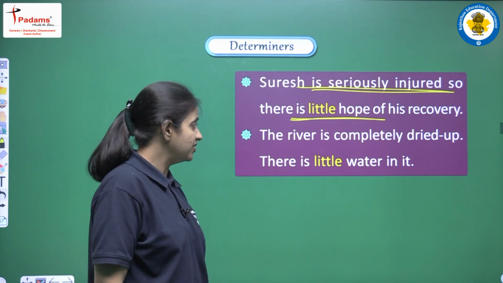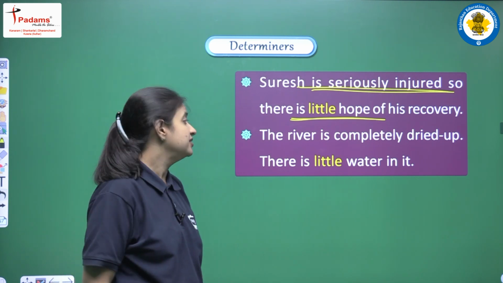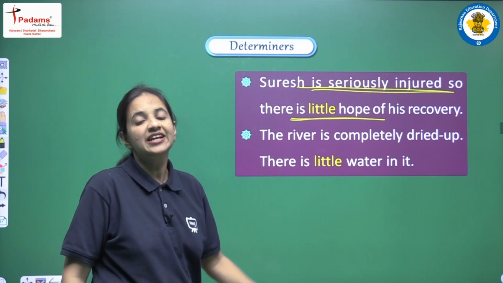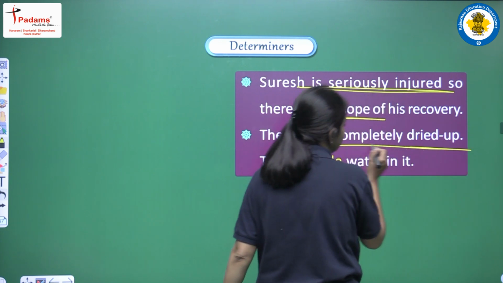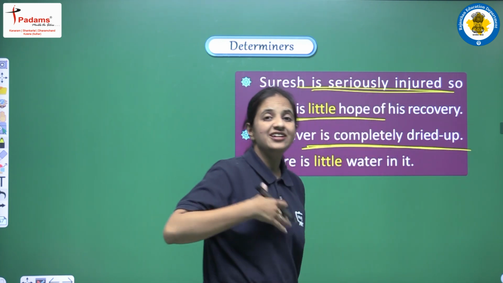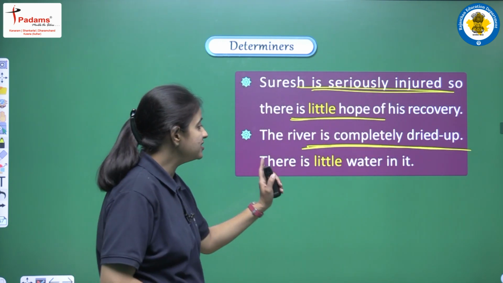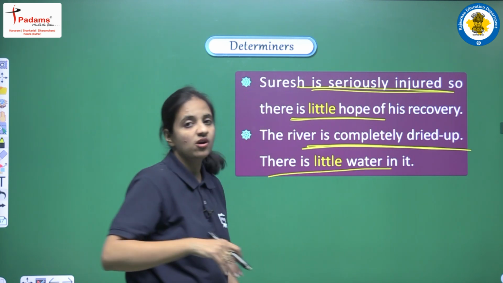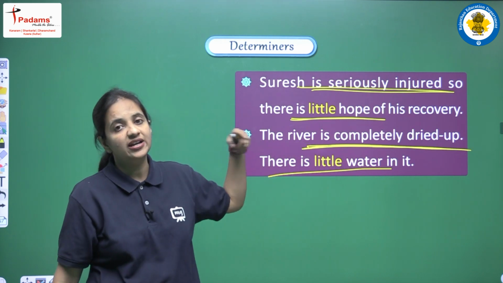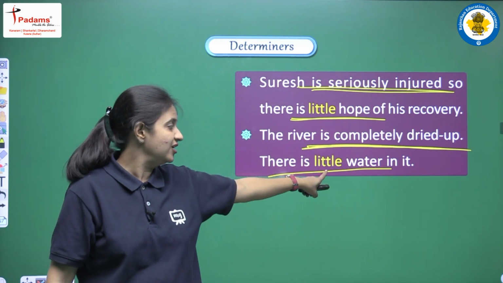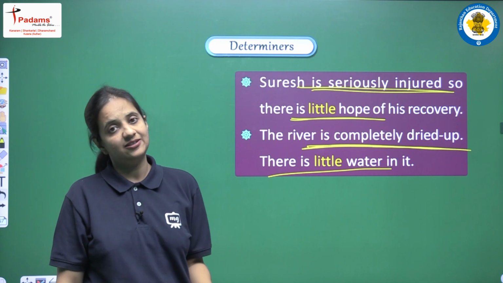Next is, the river is completely dried up, there is little water in it. When we say this river is completely dried up, if a river has completely dried up, then obviously the water in it will be almost nothing, that's why the river is dry. And water is an uncountable noun, and this is the reason we are using little here as a determiner.